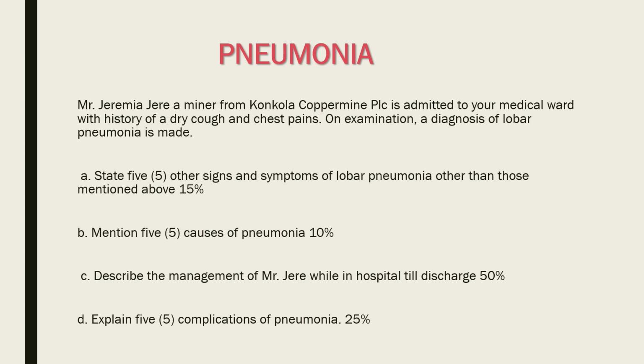Number 3, inhalation of foreign material into the respiratory tract, which later descends into the lower respiratory tract, causing pneumonia. Then number 4, obstruction of the respiratory tract by growth, e.g. cancer, which leads to retention of fluids and secretions in the lung tissue. This fluid eventually becomes infected.